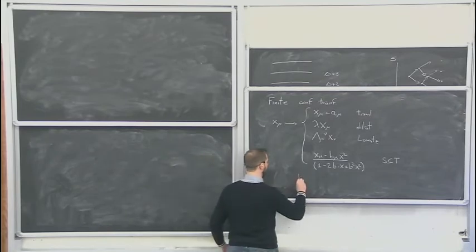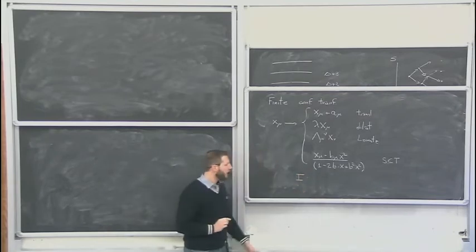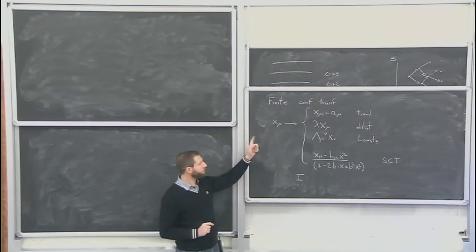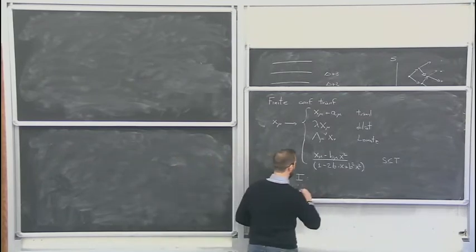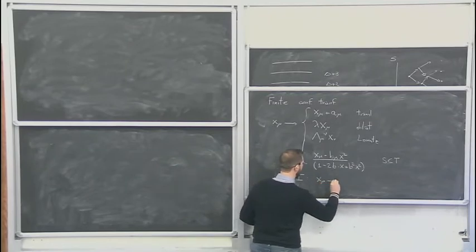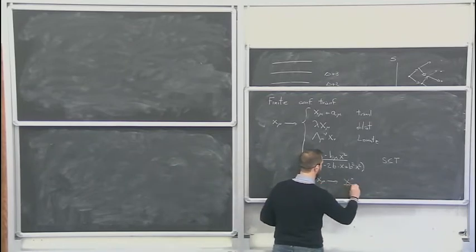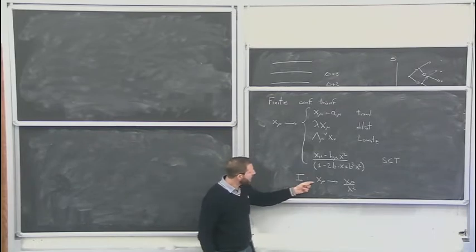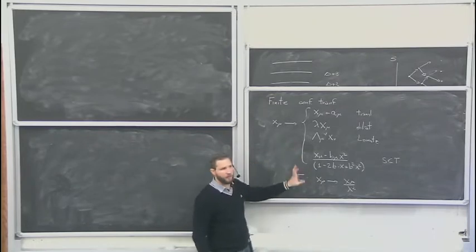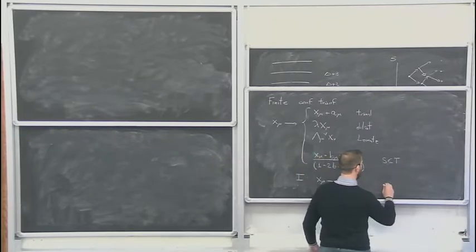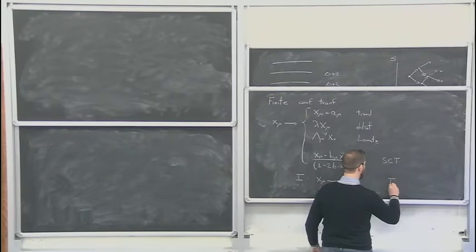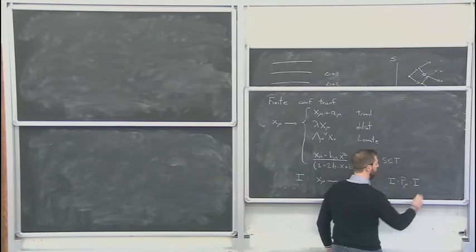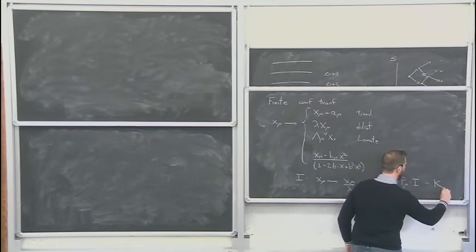An inversion, I, is not an element of the conformal symmetry, because it acts on coordinates by sending x mu to x mu over x squared. This transformation is not part of conformal symmetries. Nevertheless, if you compose the inversion with a translation and then an inversion again, you generate a conformal transformation.